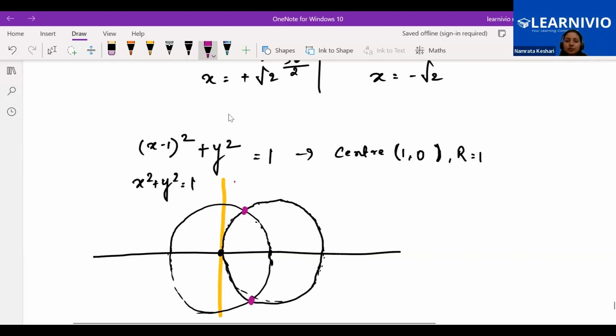Yes, Murtaza. Are you finding the point of intersection of both the circles? Yes, ma'am. Yeah, do it.